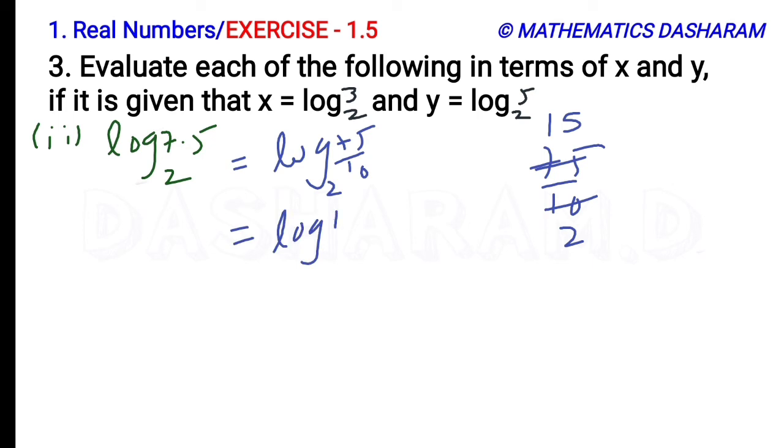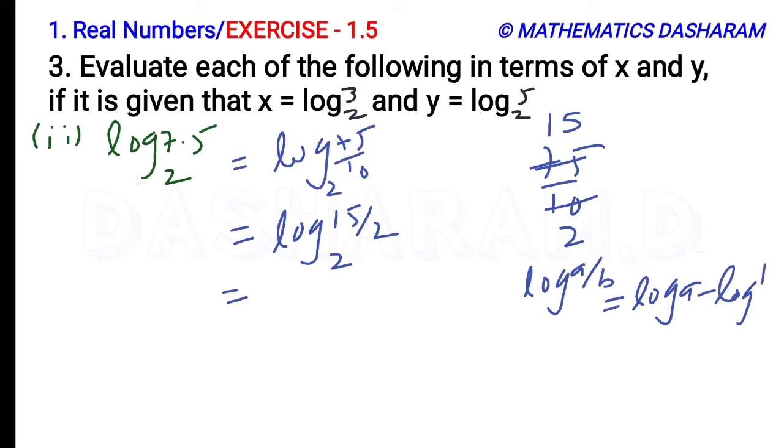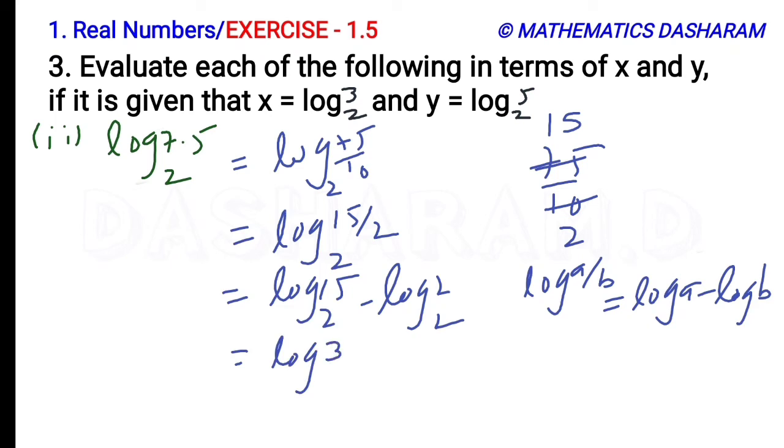So log 15 by 2 base 2. So here we have to apply one formula. Log a by b equals to log a minus log b. So then log 15 base 2 minus log 2 base 2. So log 15 I am writing as 3 into 5 base 2 minus log 2 base 2, answer is exactly 1.